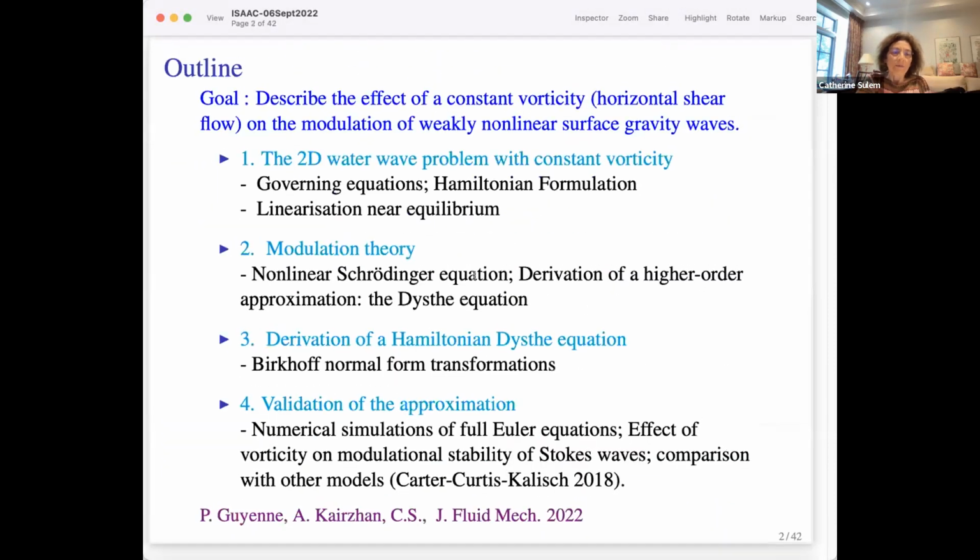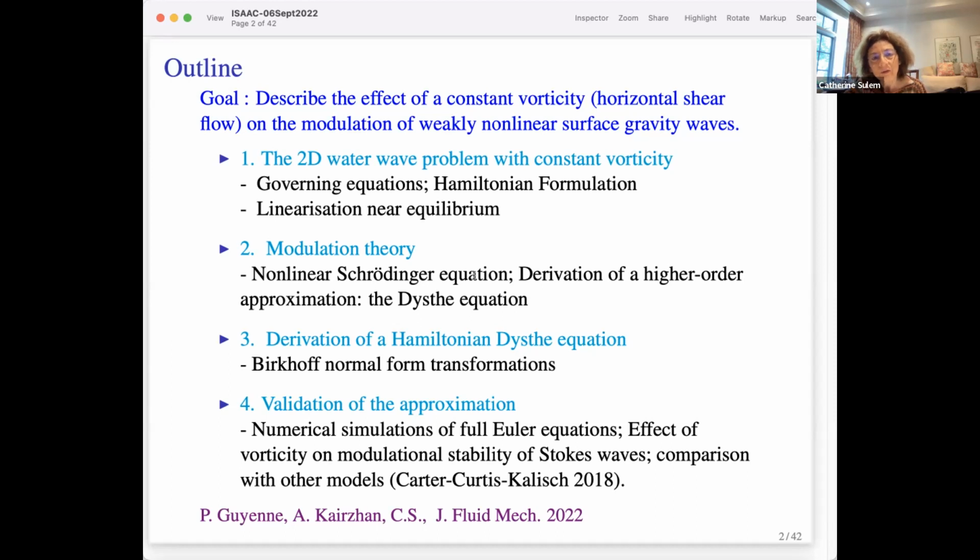As I was saying, we're going to consider the water wave problem in 2 dimensions in the presence of vorticity. The simplest assumption when the vorticity is not 0 is to assume that it is constant. Although it's quite a mathematical simplification, it has been observed experimentally that it is sometimes justified.